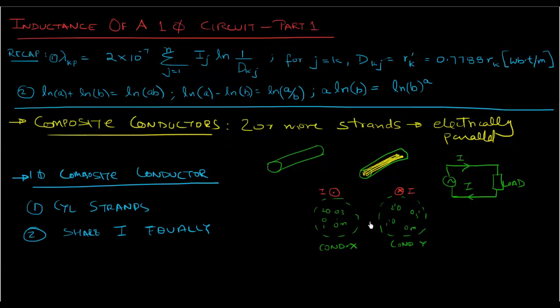The current in this is, so this has N strands and this has M strands. The total current in this is I. The total current here would be minus I. So the current per strand in this would be I over N, and the current per strand in this conductor would be minus I over M. Right?